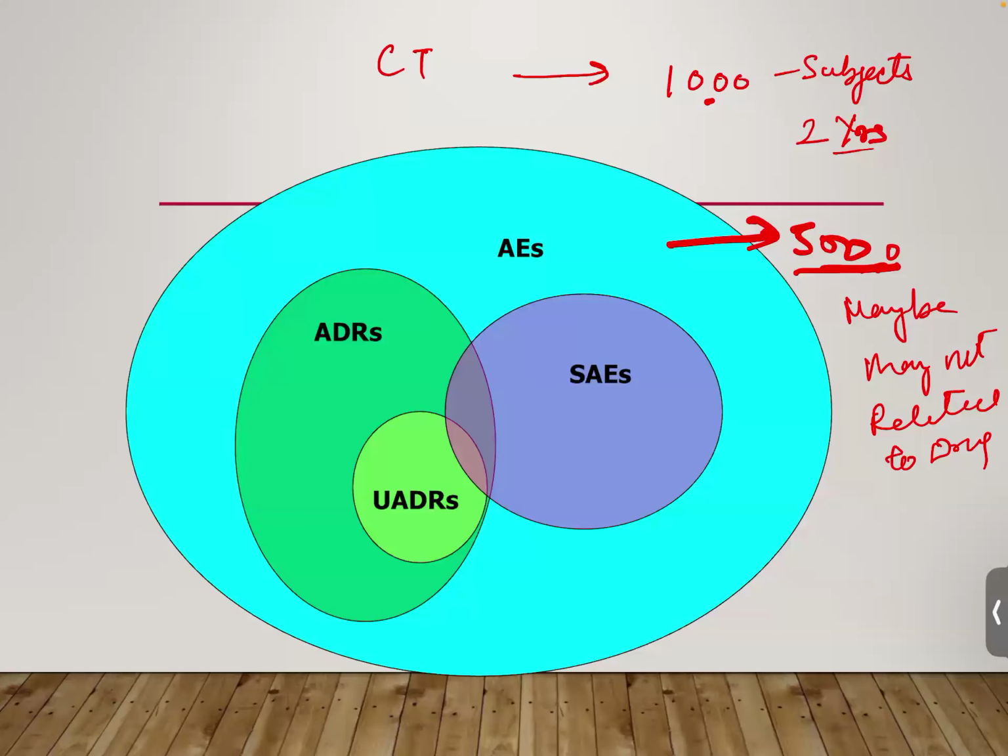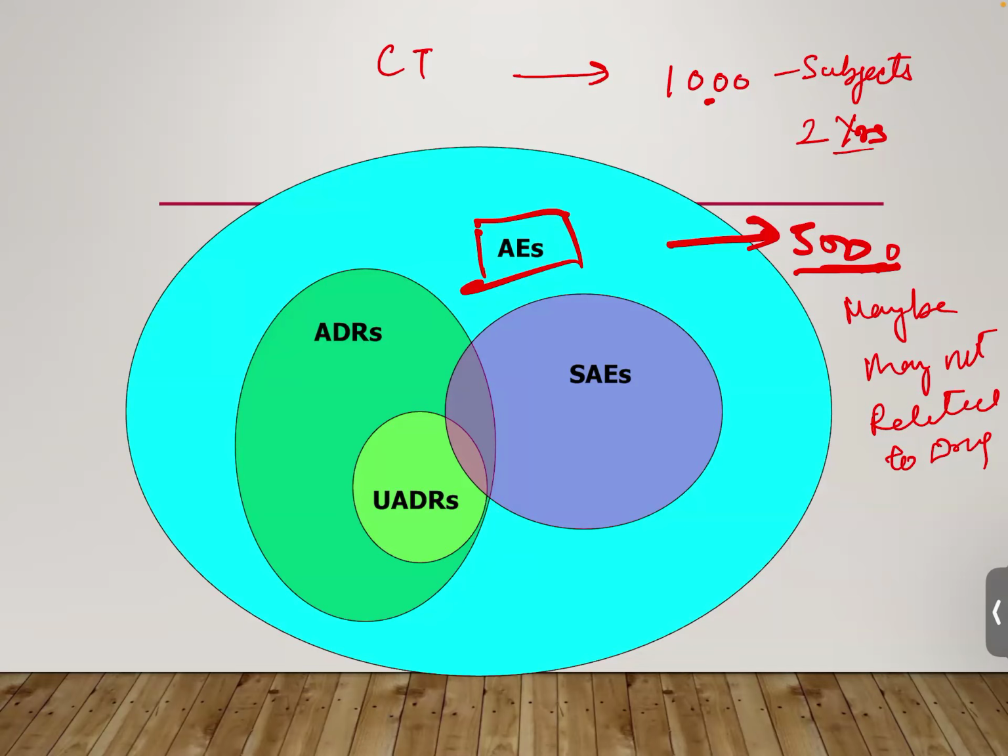Initially it is reported, suppose some woman reported she's having iron deficiency, as an AE. But when they analyzed, this iron deficiency is because the drug we are giving is interfering with the absorption of iron. That means it has a relationship with the study drug.